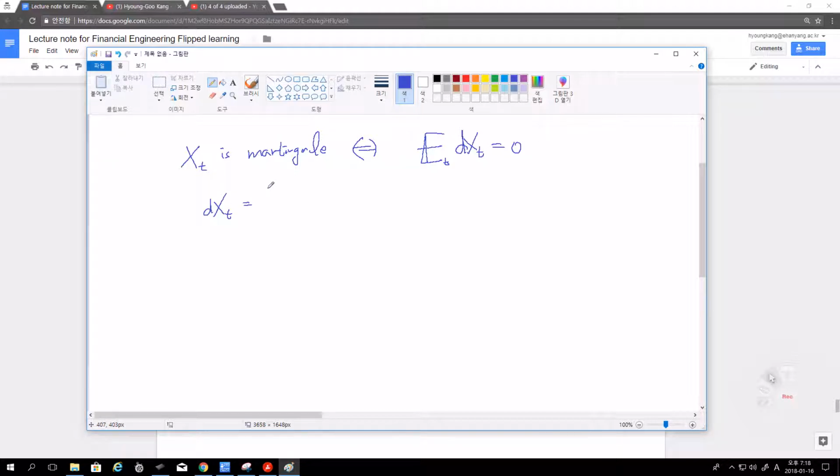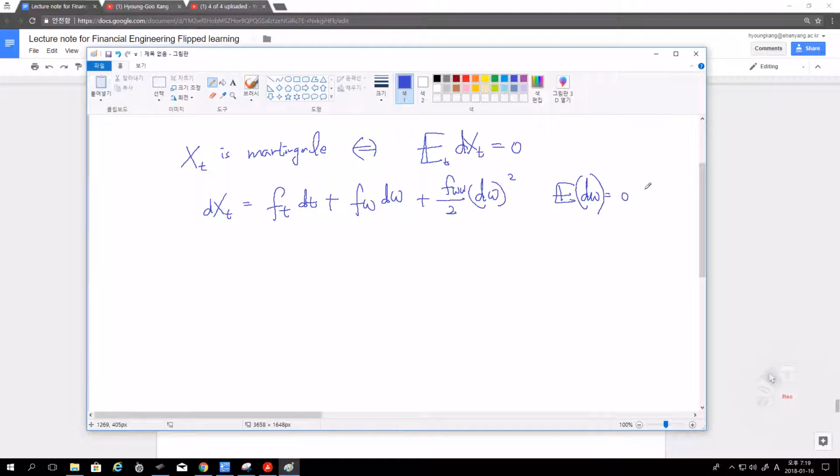Of course we can write this one using Ito's lemma: ft dt, plus fw dw, plus fww dw square. Then we know the expectation of dw is 0 because it's Brownian motion.